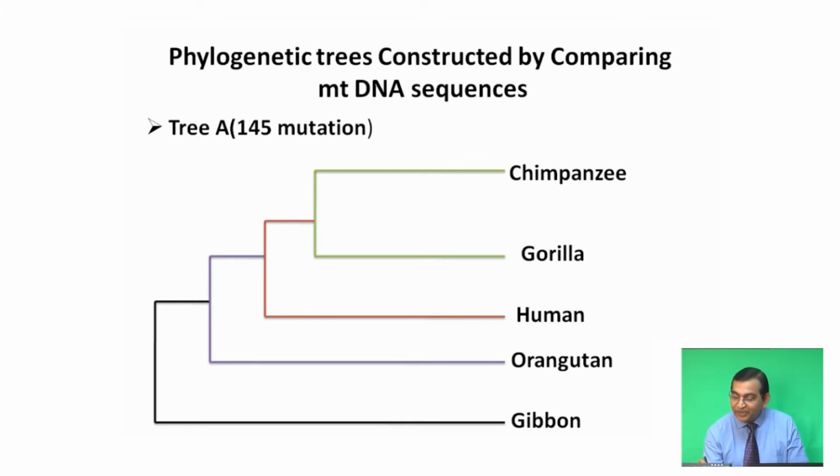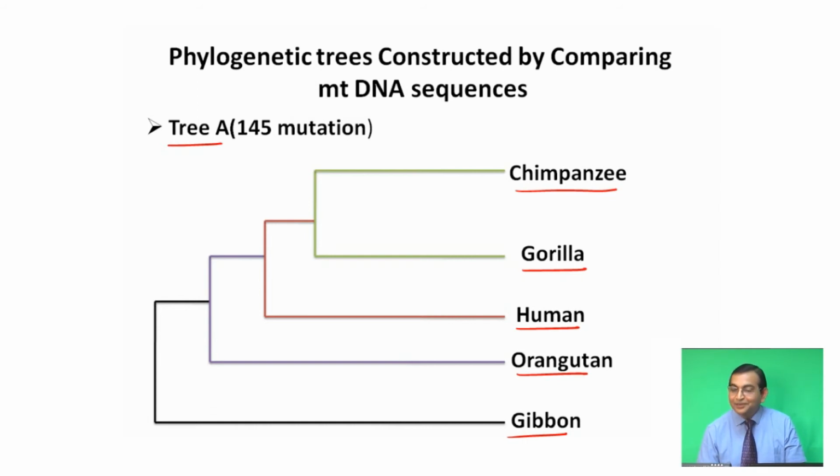Now, tree A in this figure is based on the findings of 145 mutations, and here we find that chimpanzee and gorilla are very closely related, then less related to human, and least related to orangutan and gibbon.